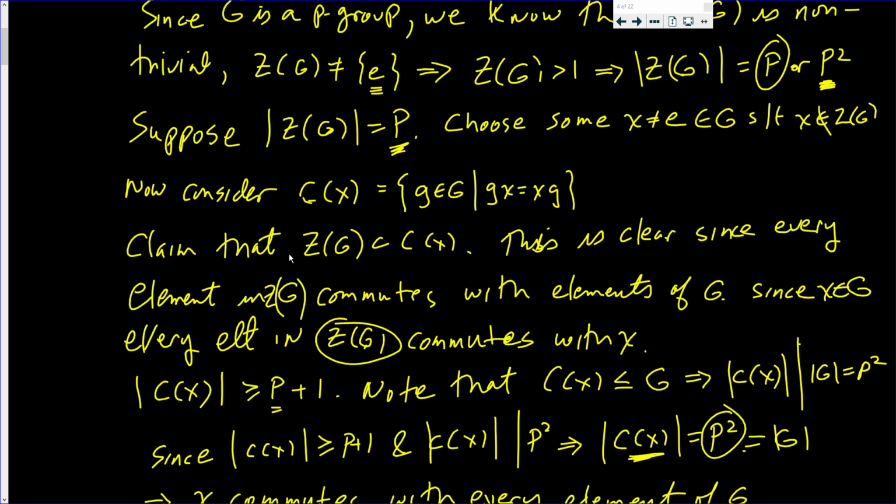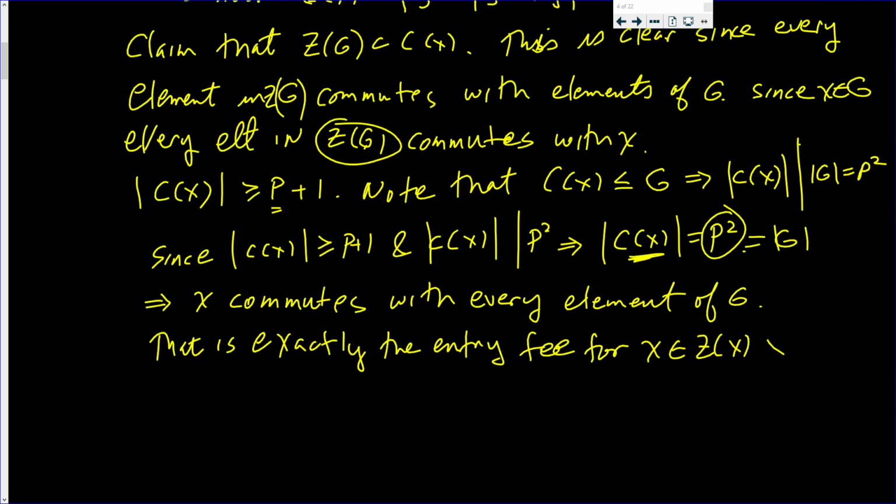But we chose x not to be in the center. So this is a contradiction. That is, the order of the center of G equaling p cannot be true.